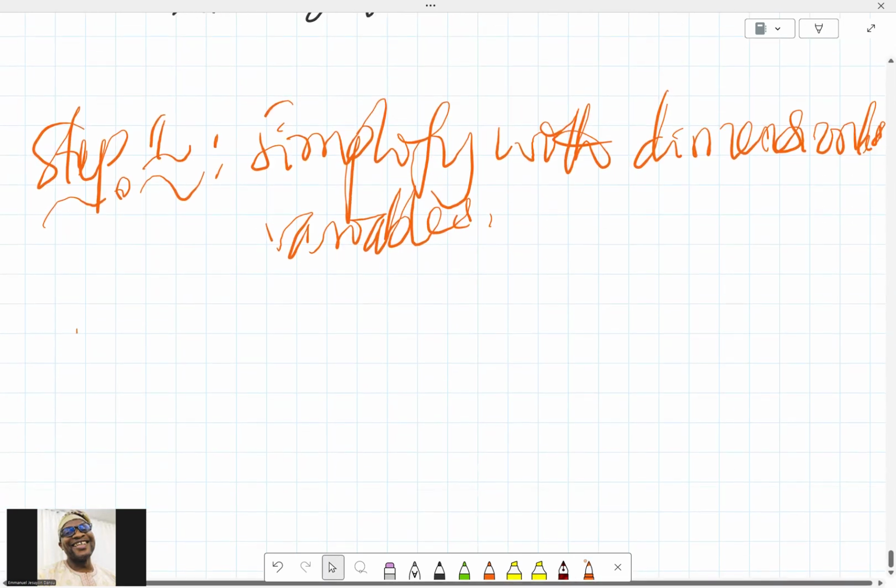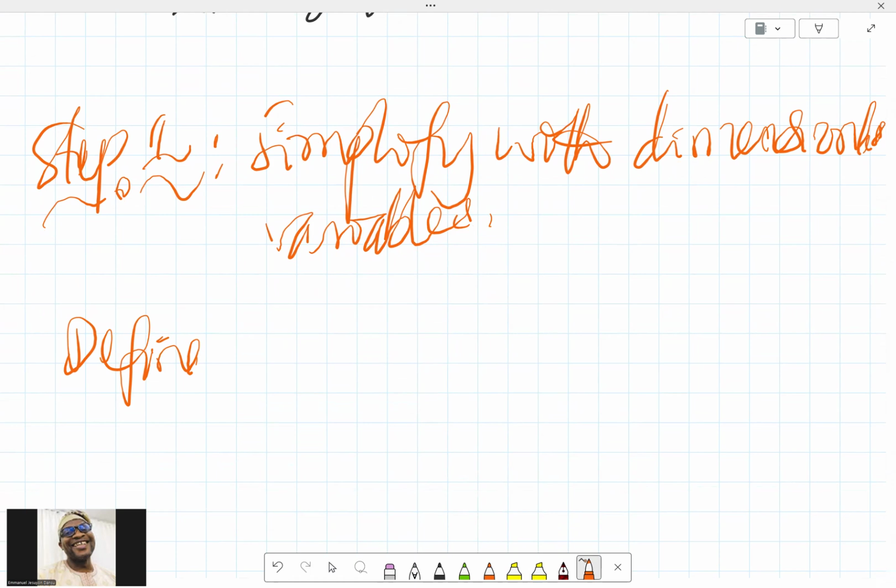Because of the dimensionless thing you want, you can define, I think I'd rather use eta because I don't like psi. Psi is a bit complicated to write sometimes.